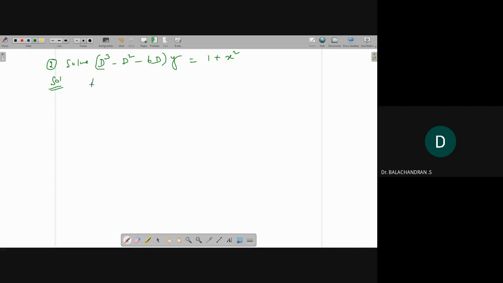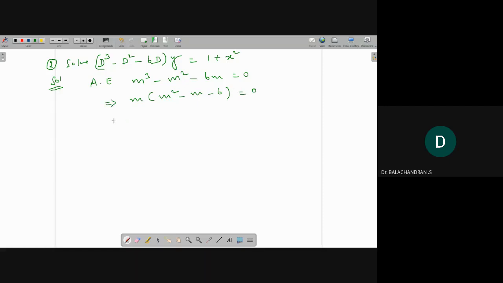If you know how to solve this problem, you can proceed. The auxiliary equation is m cube minus m square minus 6m equal to 0. So you can take m commonly. m square minus m minus 6 is equal to 0.